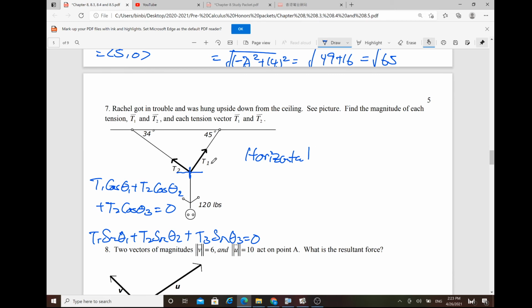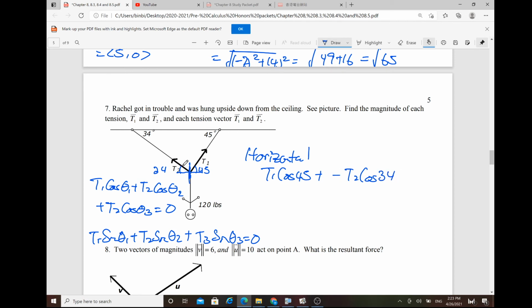So what we have, T1, so this angle here is 45, alternate interior angle. You try to extend this line segment. So T1 times cosine of 45, and then plus, and this one here looks like it's in quadrant 2, it is. So this angle is also alternate interior compared to this one, 34 degrees, but this time it's minus T2 cosine of 34 degrees. Why is it minus?